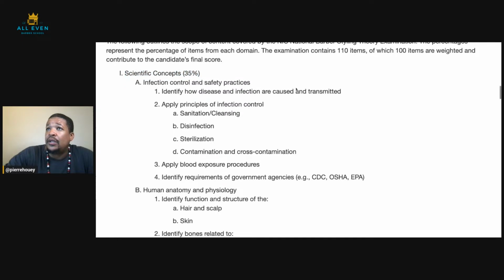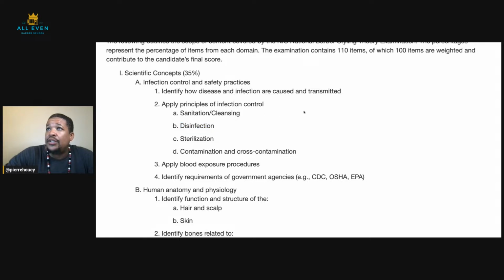We will be talking about infection control and safety practices, bullet point A. We will also be talking about part 2 of A, which is principles of infection control, disinfection. That is the main one we'll be talking about today. Some of these other ones will come into play, but the main focus of today is disinfection.